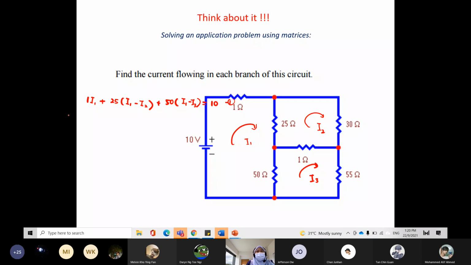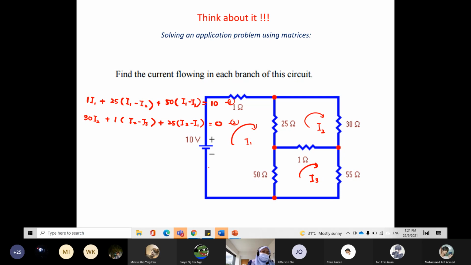Okay, so 25, plus this one have 1 times I2 minus I3 plus 25 times I2 minus I1. No voltage, so it is equal to 0. This is our second equation.